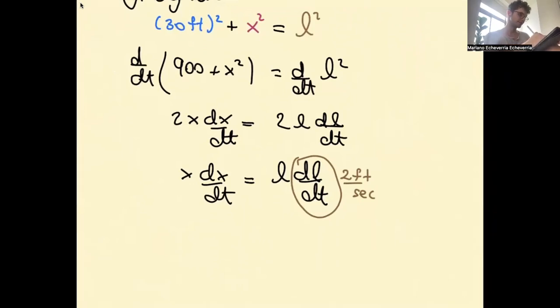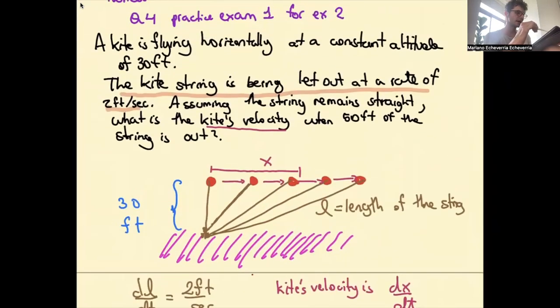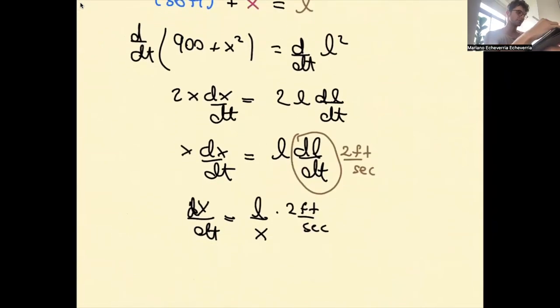Okay, so that gives you an equation for dx/dt. dx/dt is L over x times 2 feet per second. But we want this value when L is 50, when 50 feet of string is out. So we want L to be 50. And what would be the value for x at this point?